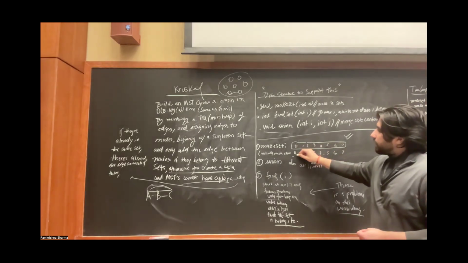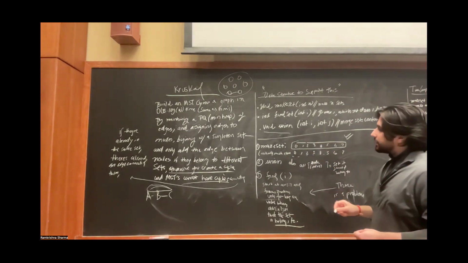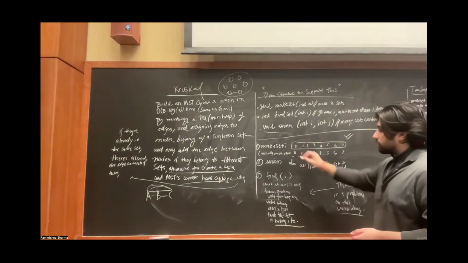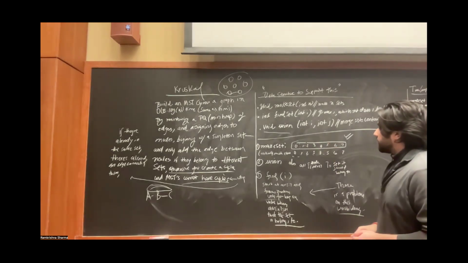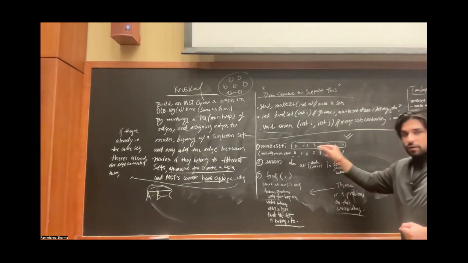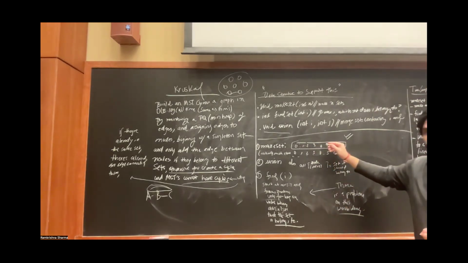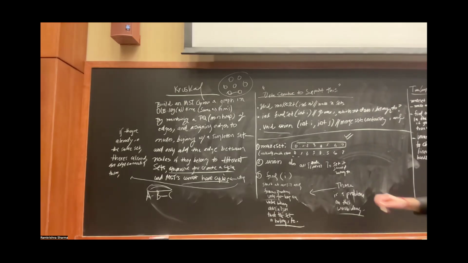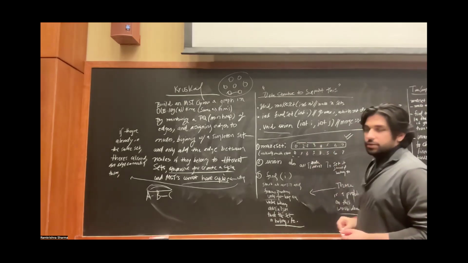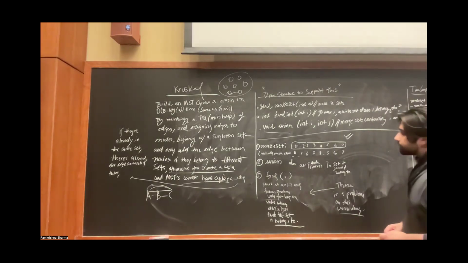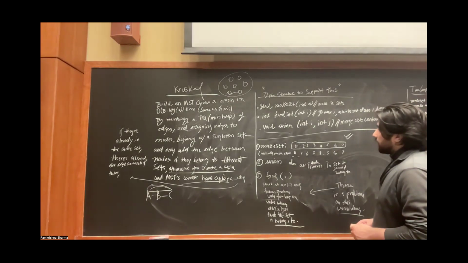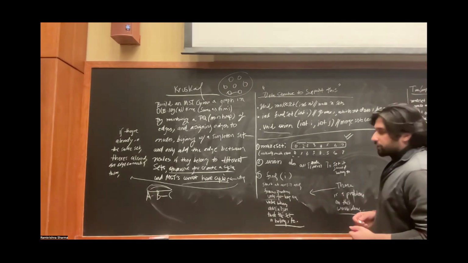And the value that the index refers to is the set to which the node belongs. So 0 belongs to set 0, 1 as a node belongs to set 1, 2 as a node belongs to set 2, 3 as a node belongs to set 3, 4 as a node belongs to set 4, 5 as a node belongs to set 5, and so on and so forth. So if I'd changed 1 to 2 here, well then 1 would have belonged to set 2. So that's kind of the correlation for make set.